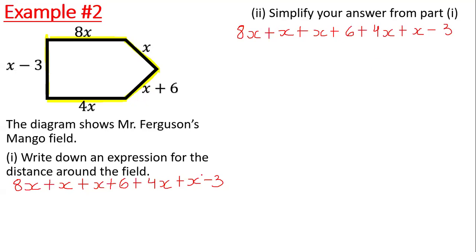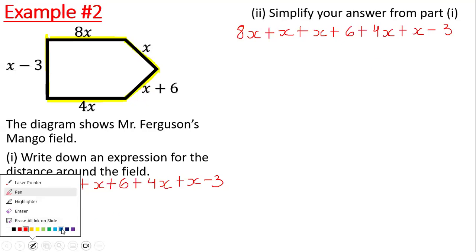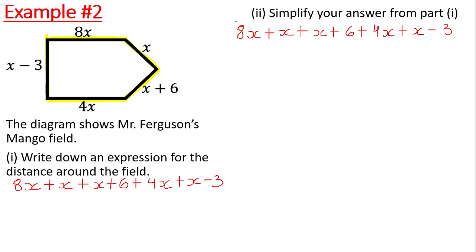So tell me, Denvor, what's the first thing we're gonna do? We gotta group our x's. Okay, so we have 8x plus what? Plus this x, plus what else?